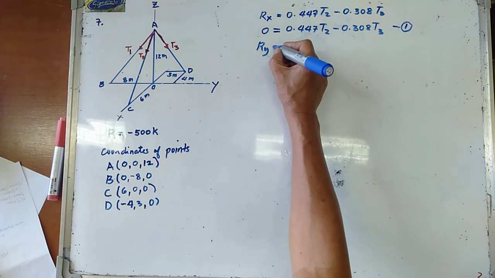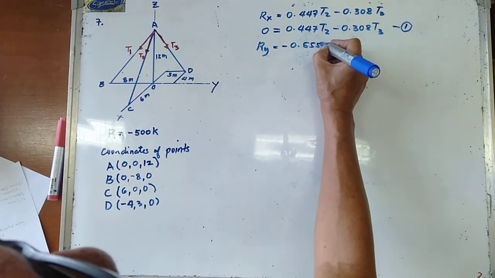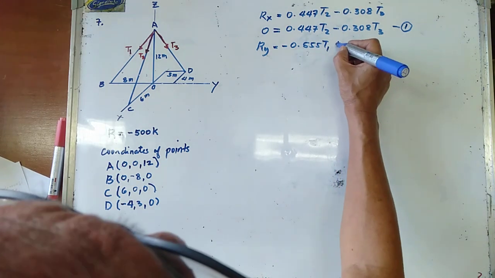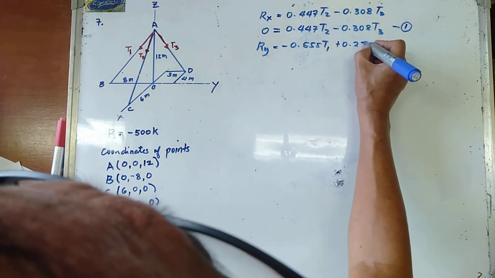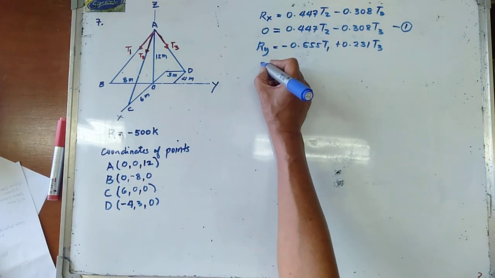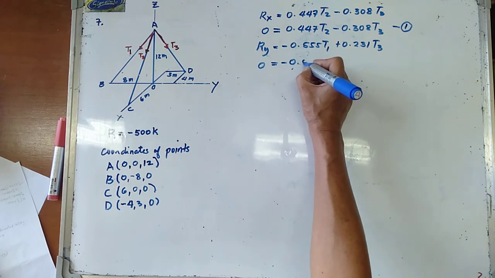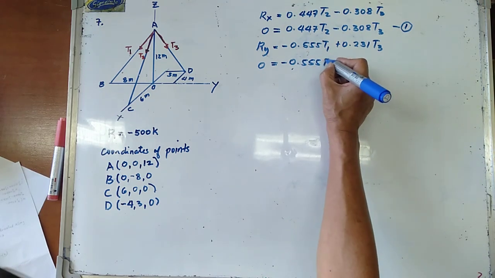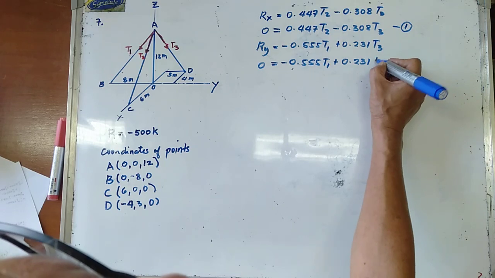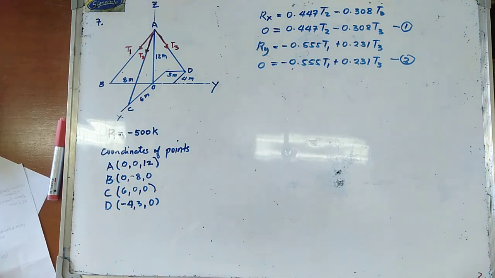Now, similarly, your Ry is negative 0.555 T1 plus 0.231 T sub 3. Again, Ry is equal to 0. So that is equal to negative 0.555 T1 plus 0.231 T3. This is equation number 2.